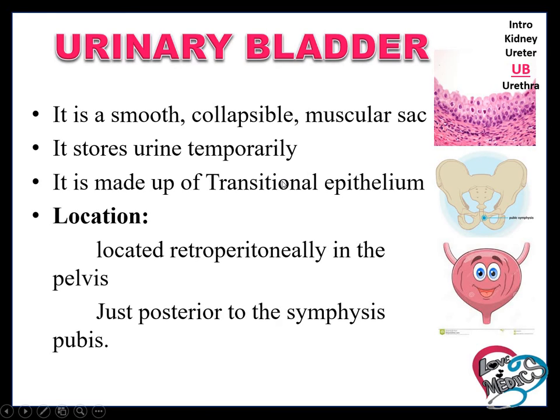That's why the bladder changes its shape whenever it fills with urine and after voiding the urine. The urinary bladder is also a retroperitoneal organ, located just posterior to the symphysis pubis.